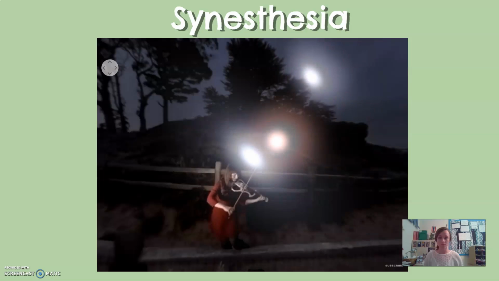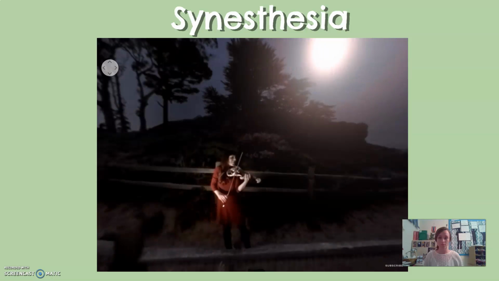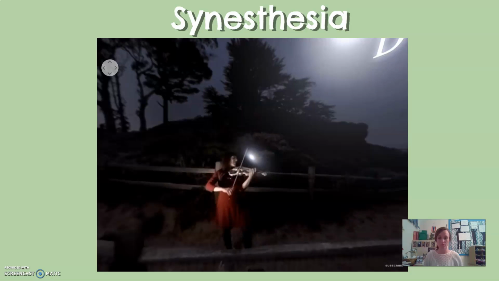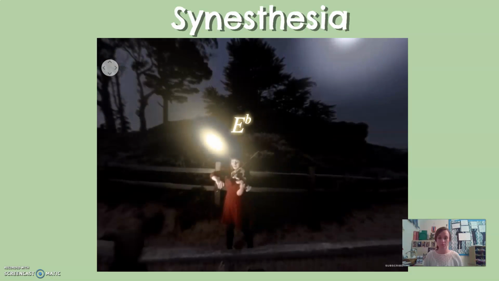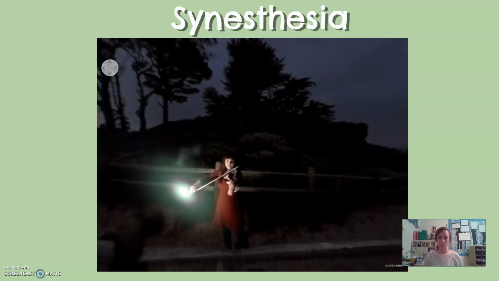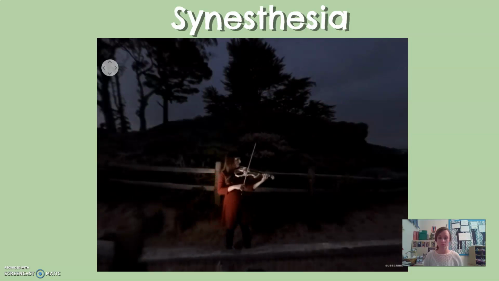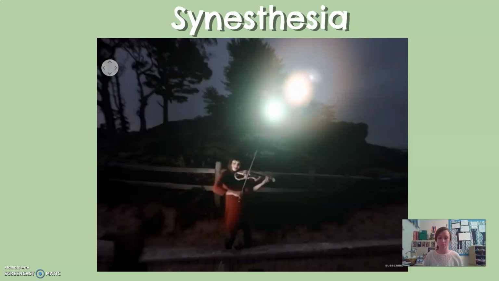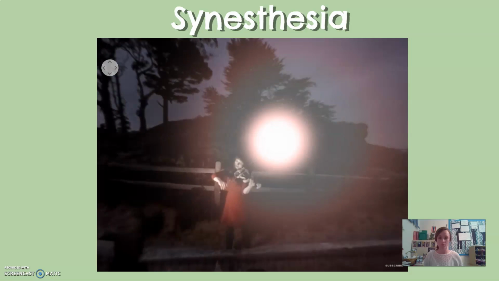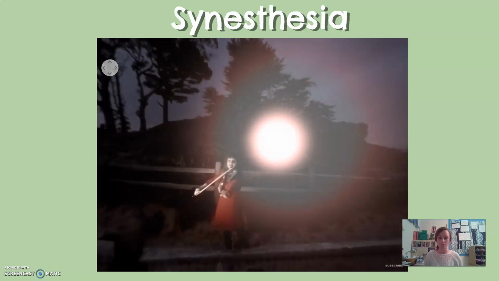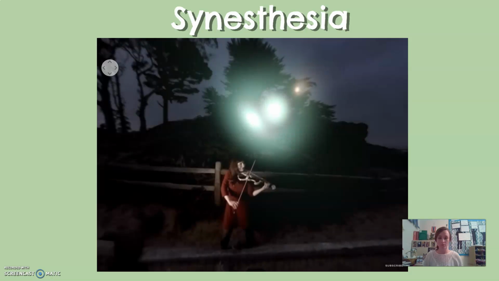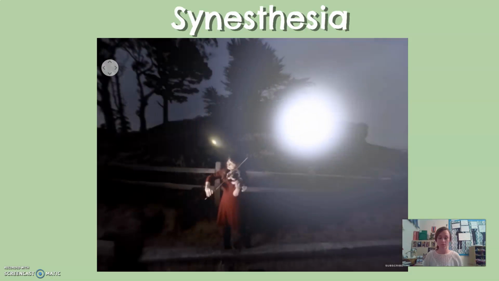What you're seeing in front of me is a lot like what I see when I hear this music. Each one of these colored lights corresponds to a particular note, and the colors are always the same. I've seen these colors my whole life, but I didn't know that was unusual until I was 21 years old.